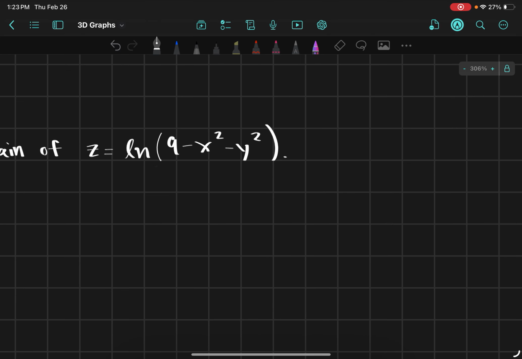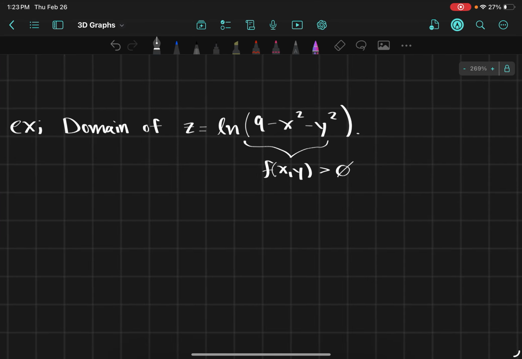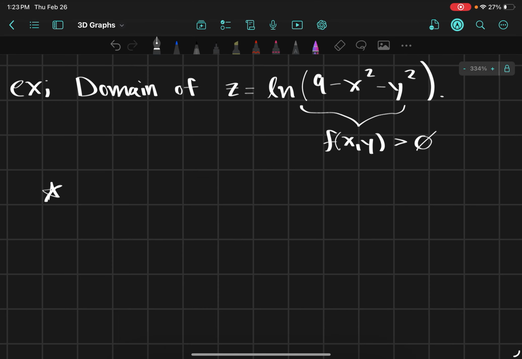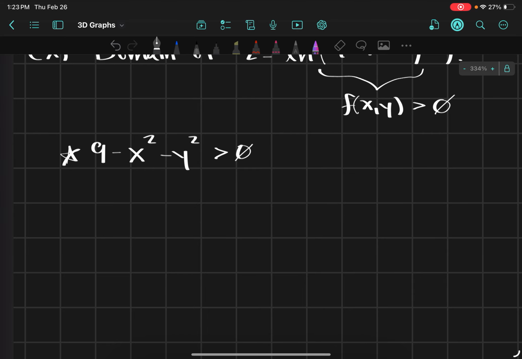So, we have this function, f of xy, in which this needs to be greater than 0. So, let's come over here. We have 9 minus x squared minus y squared must be greater than 0, otherwise it is undefined. So let's just go ahead and do the same algebra that we did in the last one. We have 9 is greater than x squared plus y squared.